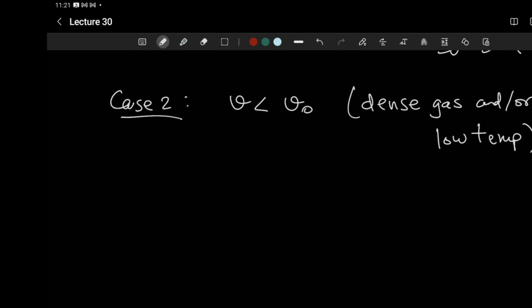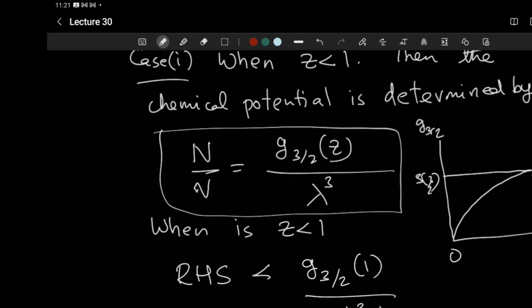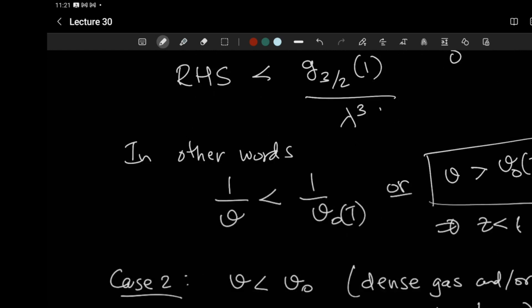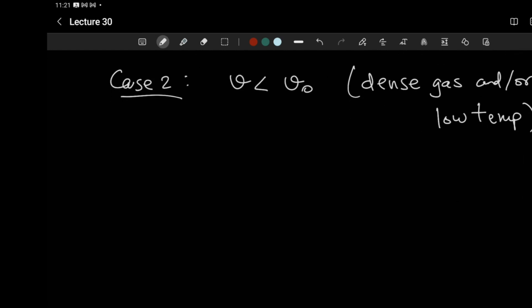Okay, low temperature. So coming back to this, here what happens is that we'll make a claim and we'll try to say Z equal to 1.